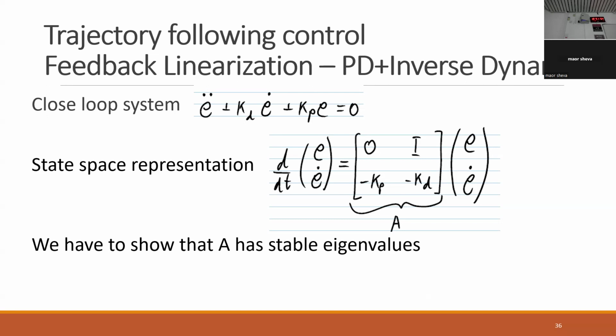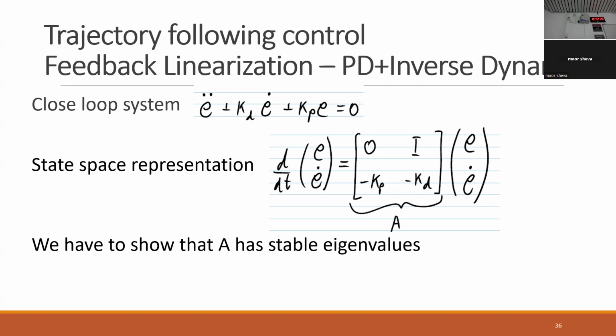And e double dot here is minus KP e minus KD e dot. So I have here a dynamical system where I have x dot equals A x. So it's a linear dynamical system. And we have a matrix A here of the dynamical system.